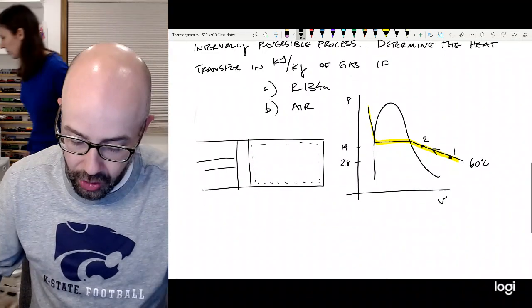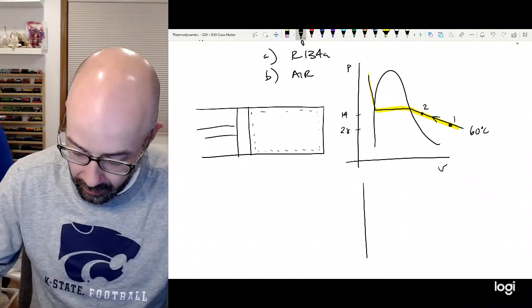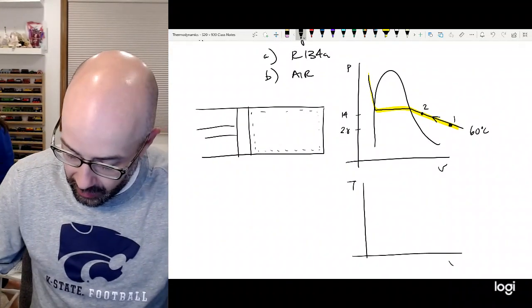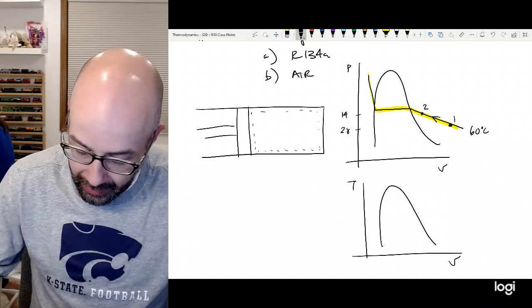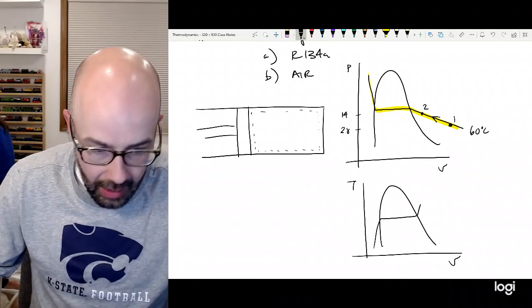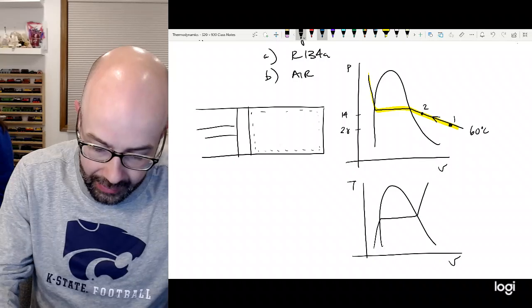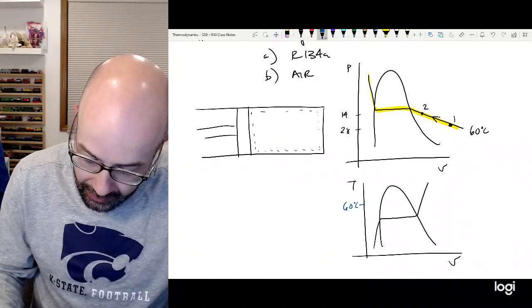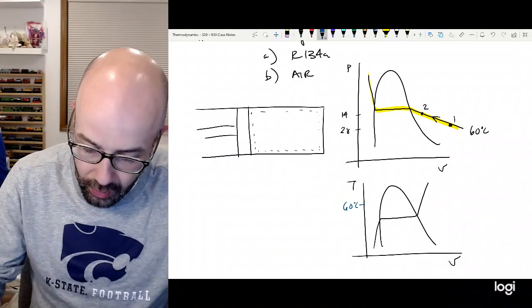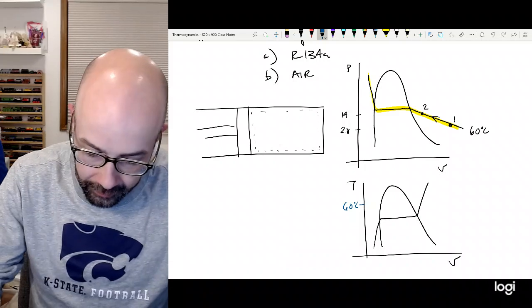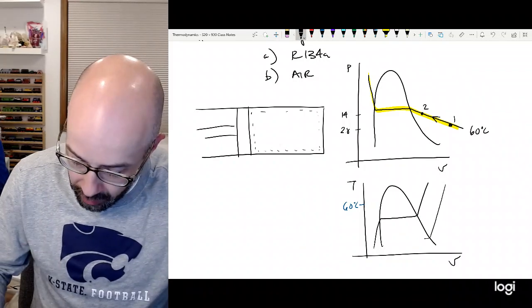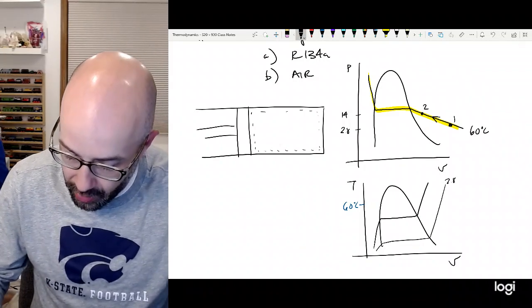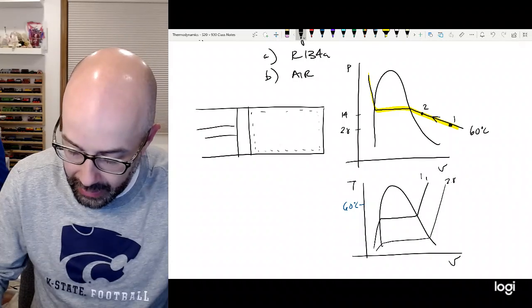Okay, now if we were to draw this on a TV diagram, we would have a line of constant temperature, saying we're at 60 degrees Celsius, and we're going to be going between two pressures. This is going to be our 2.8 bar, and this is going to be our 14 bars.